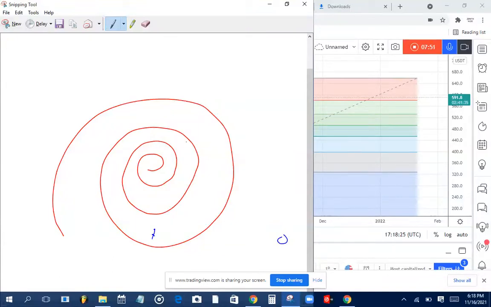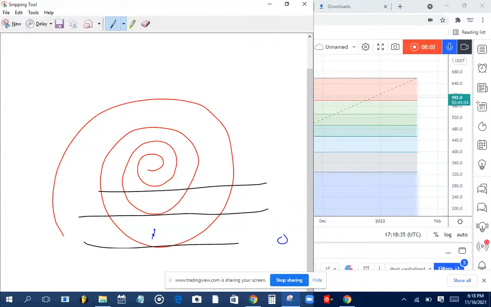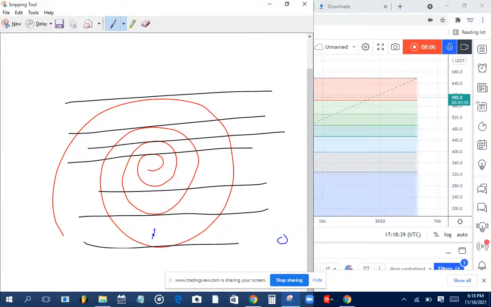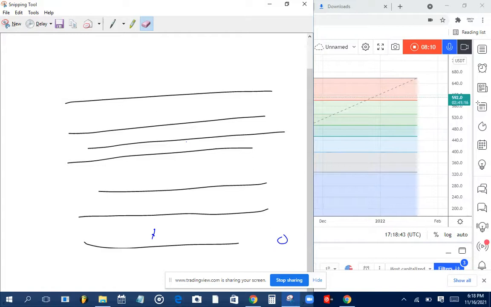Now we're going to take a black pen and draw out support and resistance lines, which is this, this, this. Now let's clean the red line, and let me also reduce the number of black lines we have.